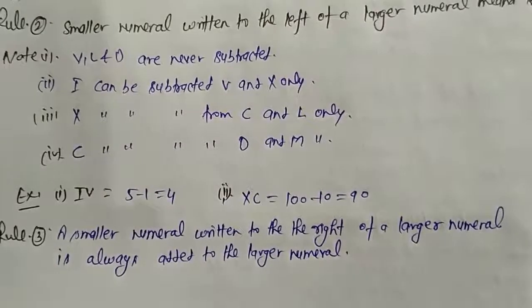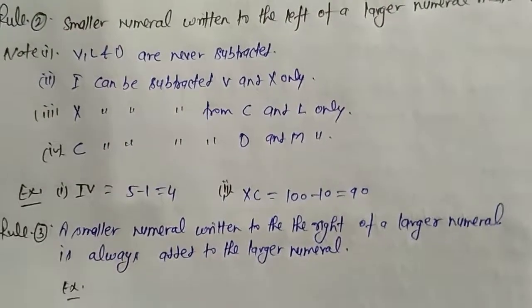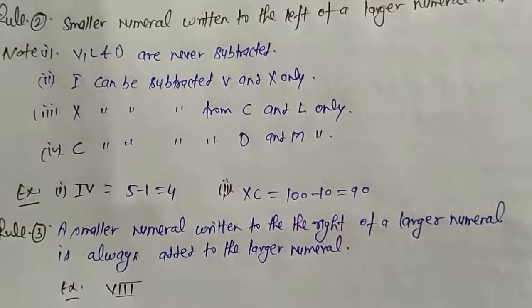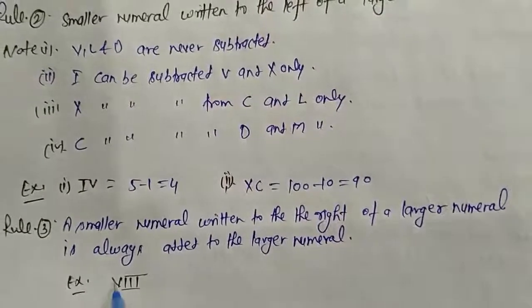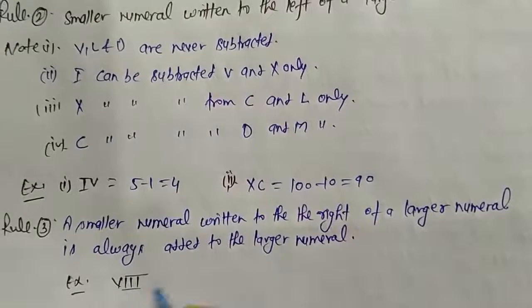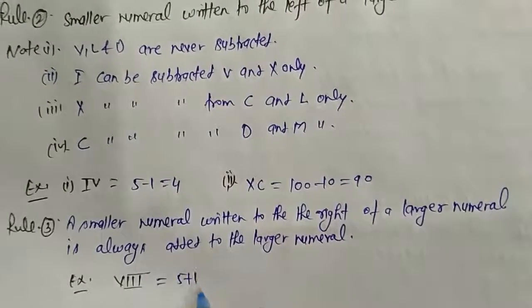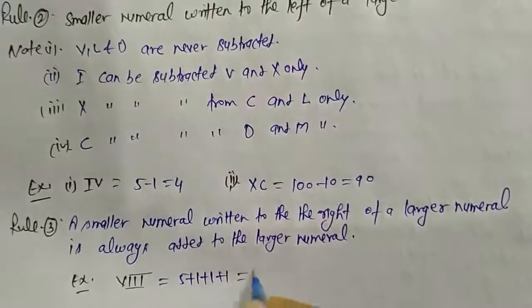For example, if we write VII, V is the bigger and the right side value is smaller, so that is always added. So 5 plus 1 plus 1 plus 1 is equal to 8.